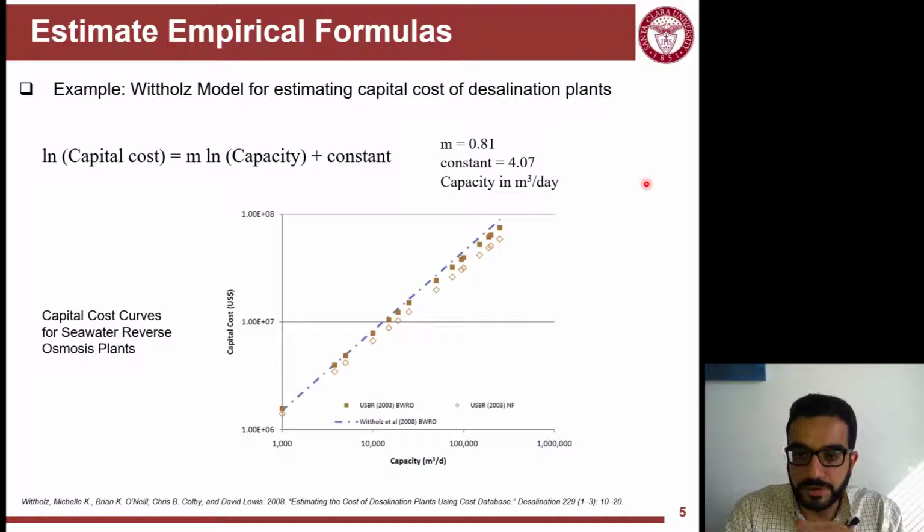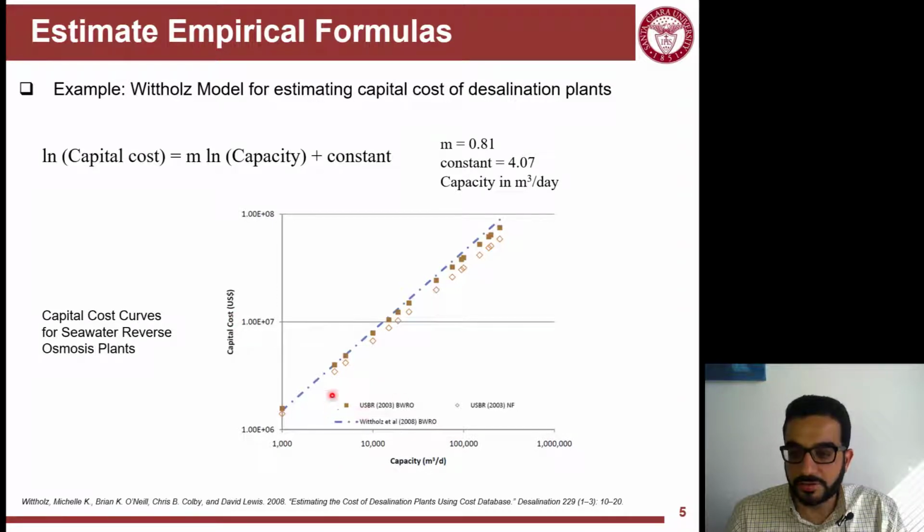It's basically a function of one single variable, the capacity of the plant. Of course, it's not a linear function, it's a logarithmic function, but it's plotted here using a logarithmic scale, so don't be confused by that.